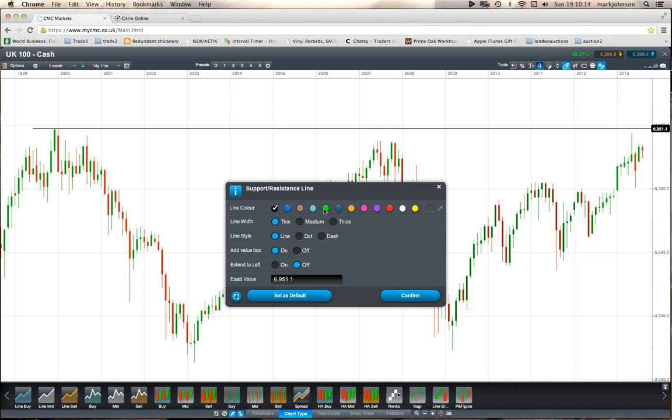Then I've got color coded, so I can tell which are long-term support and resistance and which are shorter term. So my biggest ones, I make all high level resistance. I make them green with a thick green line.